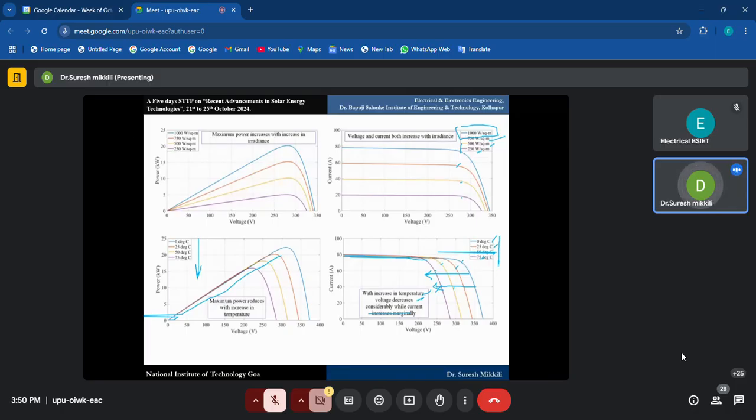By varying the irradiance from low to high, the current increases and the powers are increased, but even when temperature is increasing, current is constant. This is what I want to tell you first. I hope you understand.